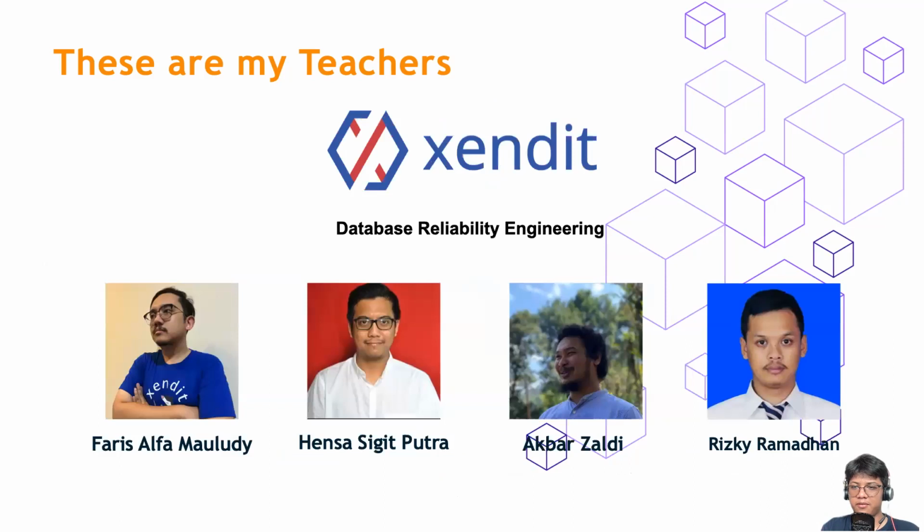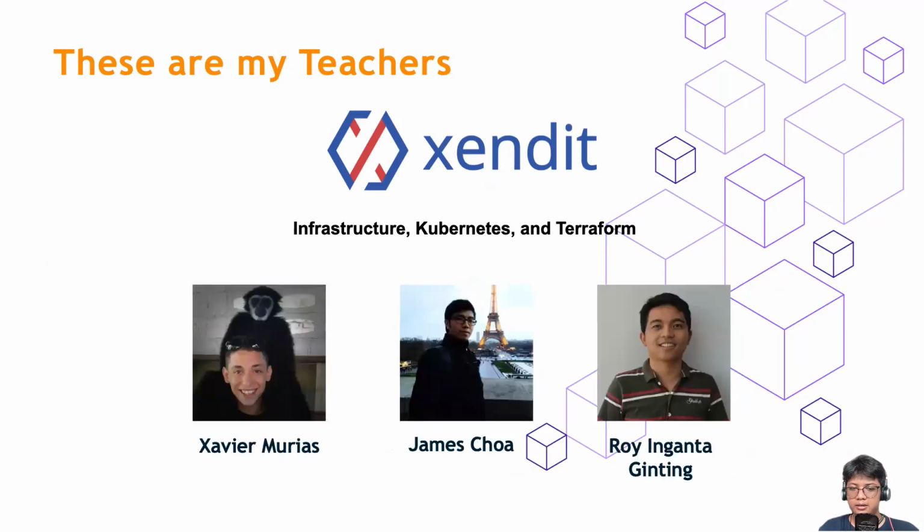This one is my fellows from Splendid who taught me about zero downtime upgrades, database reliability engineering, and database administration and stuff. First Alpha Moldy is my tech lead and my manager. These three are my fellow seniors, Hensa Sigit Putra, Akbar Zaldi, and Rizky Ramadan. And this one is my principal who taught me about infrastructure, Kubernetes, and Terraform.